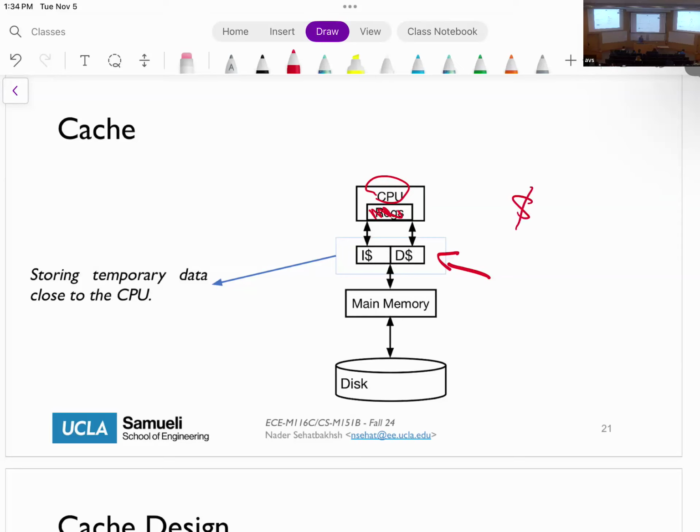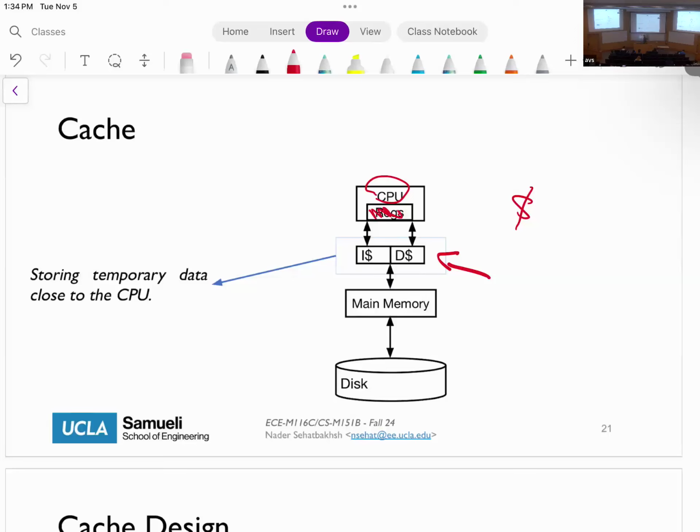Sometimes I use caches like this, but generally this is what we call cache. Cache is the closest memory structure to my CPU, okay? Typically, I have separate caches for instruction and data. The reason for it is the locality pattern that I see for my data is very different than the locality pattern that I see for my instruction.